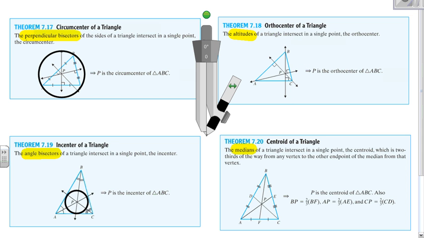And you can construct the orthocenter, the altitudes, by going from the vertex, measuring out a distance further than it is to the opposite side, and making 2 arcs on the opposite side.